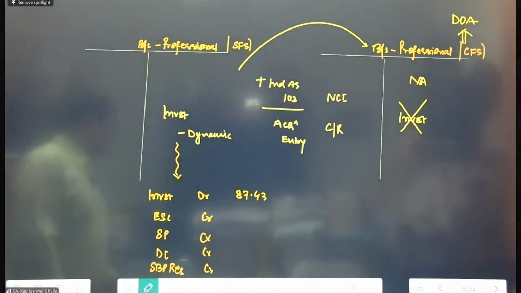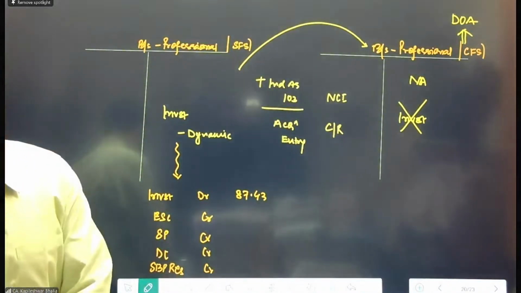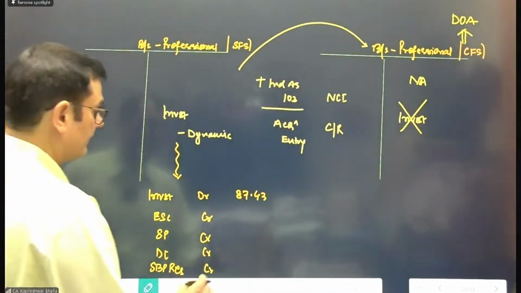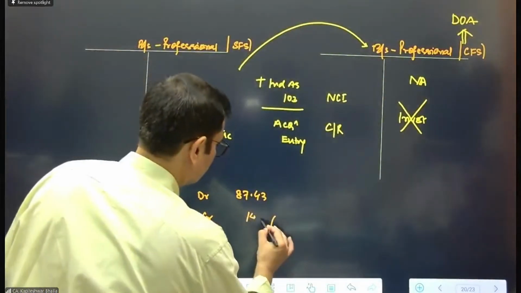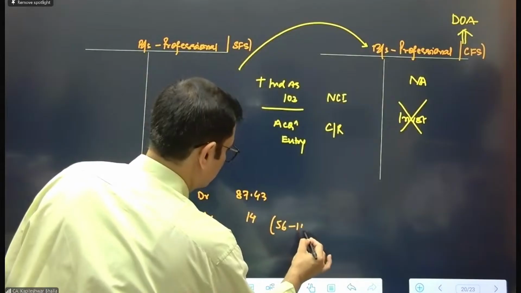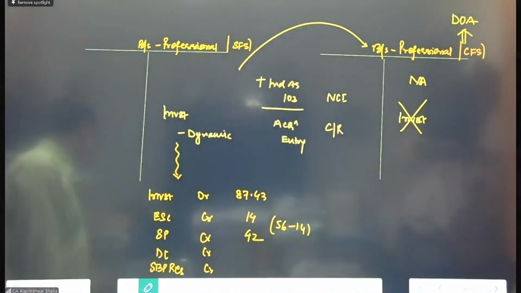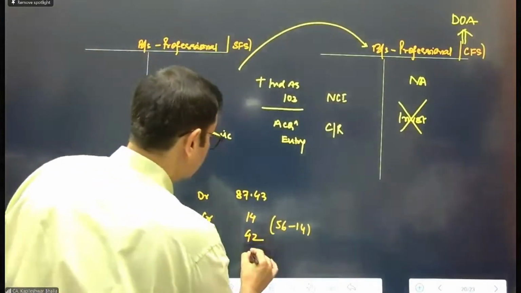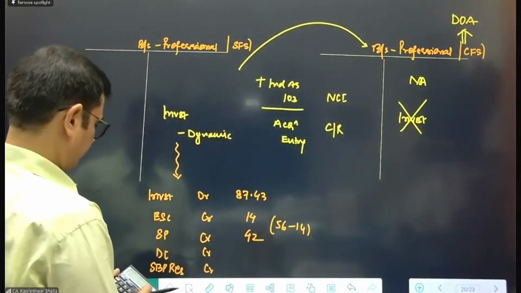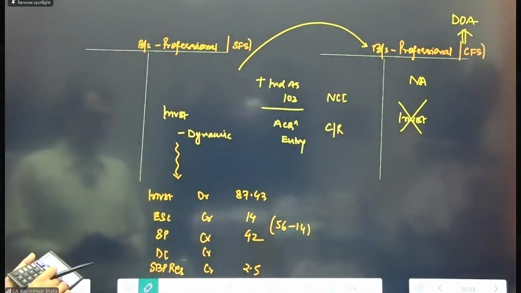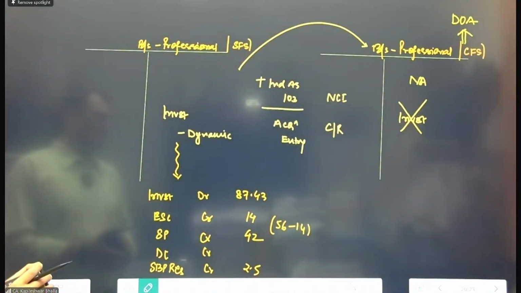The equity share was to the extent of how much? 1.4 lakh shares with a face value of 10, that's 14. So can I say 56 minus the face value, the rest 42 becomes a premium. What was the DC? SBP reserve was 2.5. DC was how much? 28.93, is it?